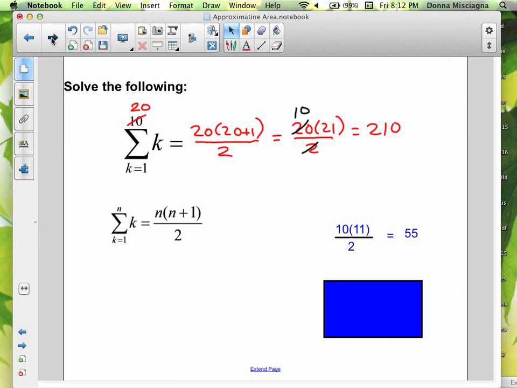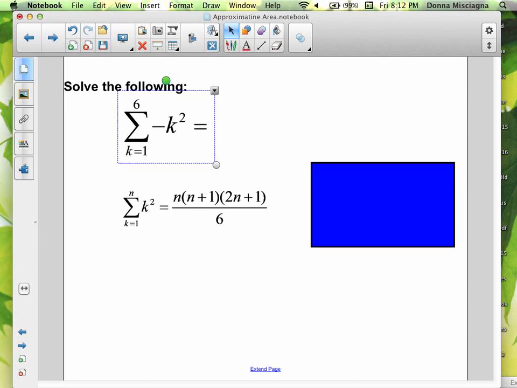I think there's like 4 examples here, and I think that's all I have on this. All right, so here we want the first 6 terms. We have a formula here, negative k squared.